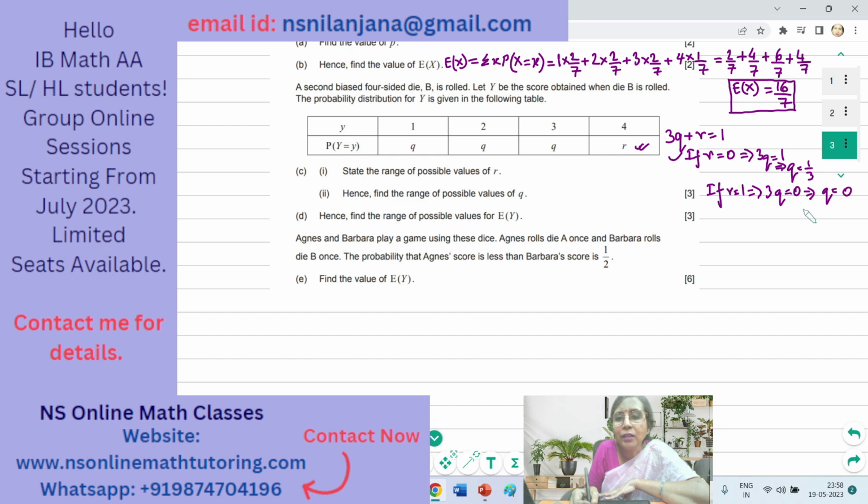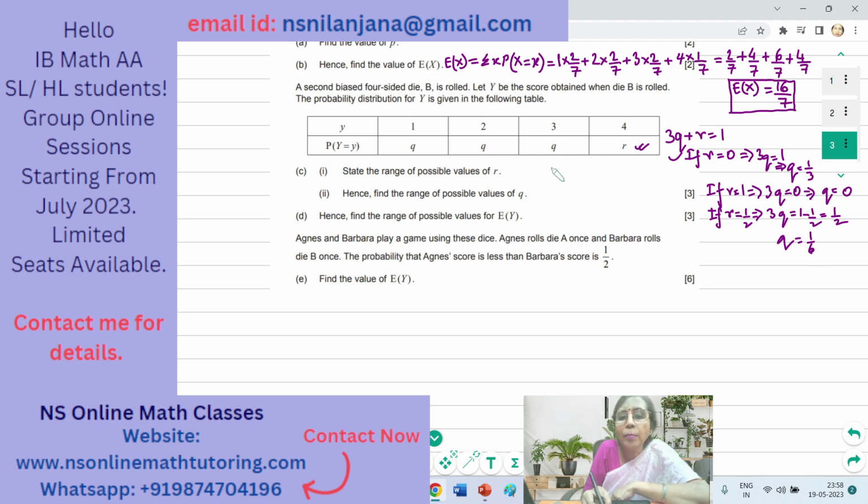Another valid condition. Then I am taking another value between 0 and 1 for R. R is equal to half. So 3Q will be equal to 1 minus half, which is equal to half. Therefore, Q will be equal to 1 over 6. Another valid condition, because 1 over 6 is between 0 and 1. So we can have any value of R between 0 and 1, both included.